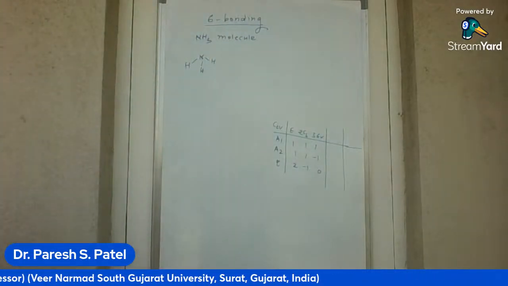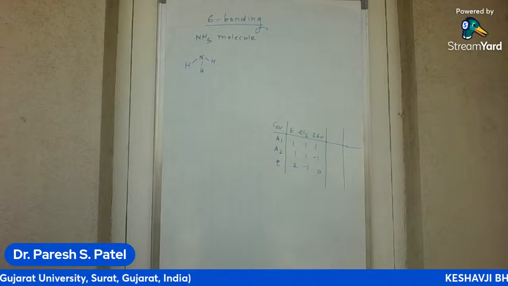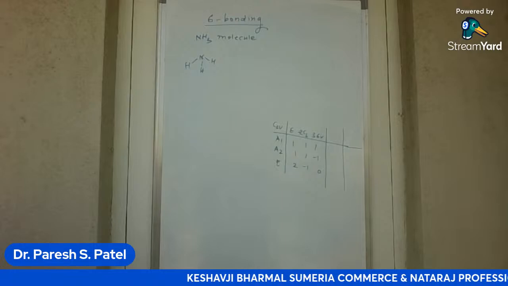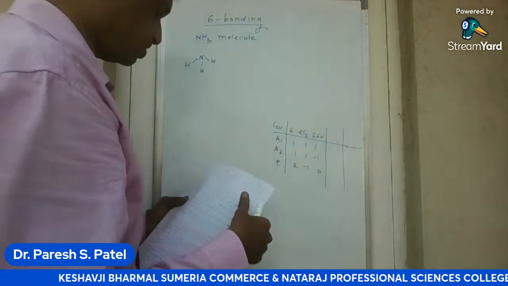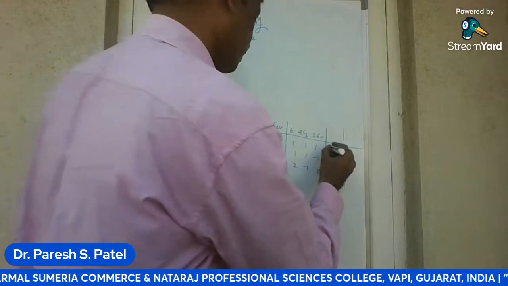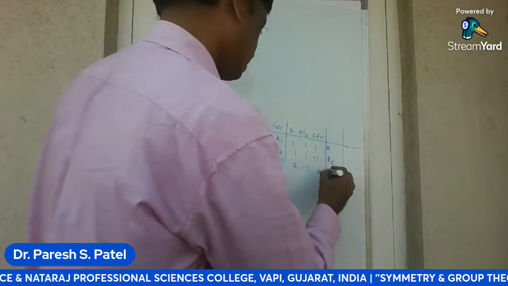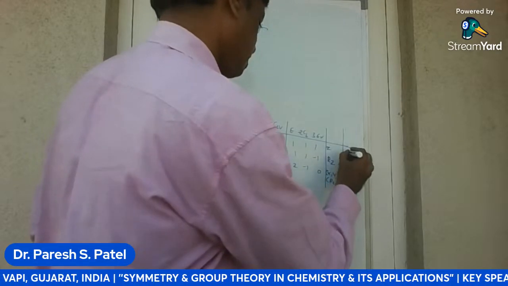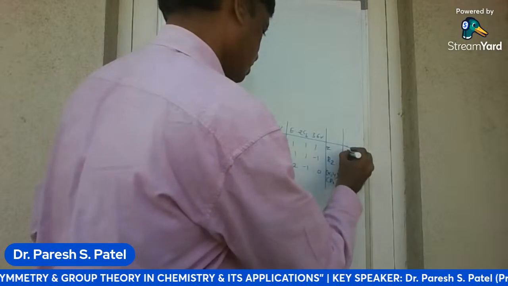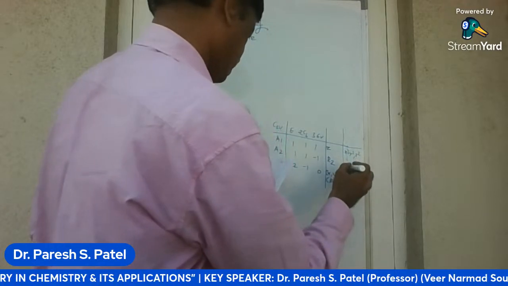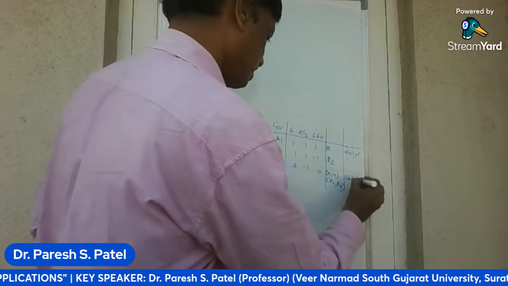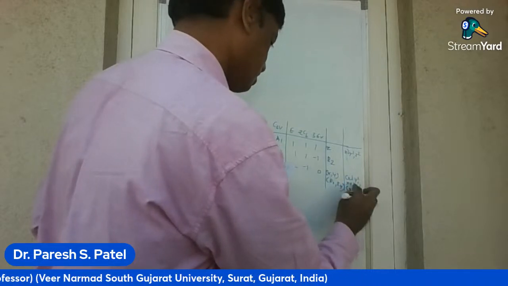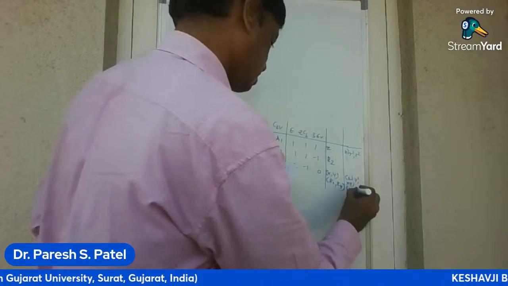This is the character table for the C3v point group, with z, Rz, (x, y), (Rx, Ry), x² + y², z², x² - y², xy, xz and yz.